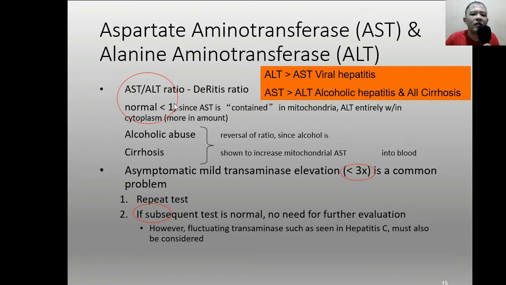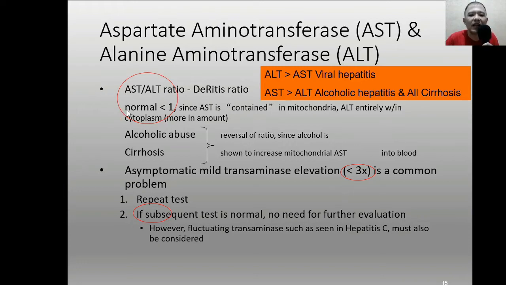So how do we relate this to the ratio? If AST over ALT is less than 1, that means AST is lesser than ALT. That is normal if it is less than 1. Why? Because AST is contained in the mitochondria. If more damage is done, secondary to alcohol or more severe injury, that will cause a leakage of more AST.